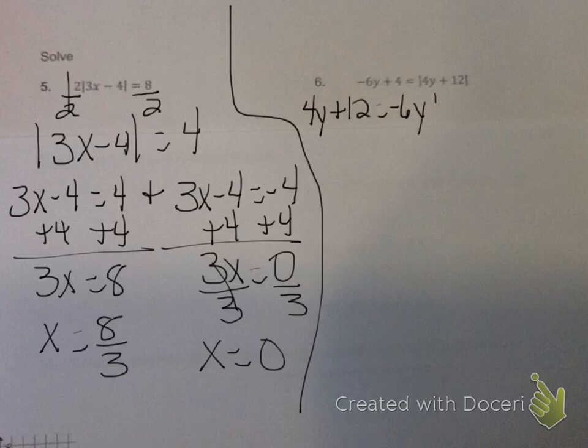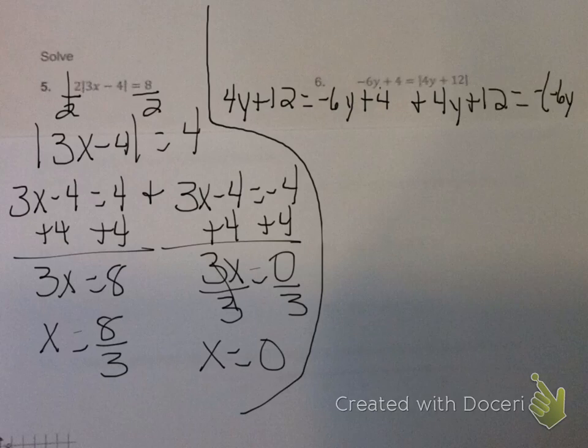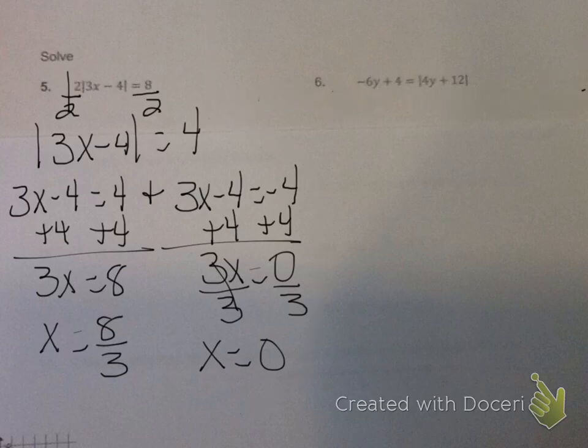On number 4, we take it out of the absolute value, and we go to put it to the negative. We notice we have to put it in parentheses.